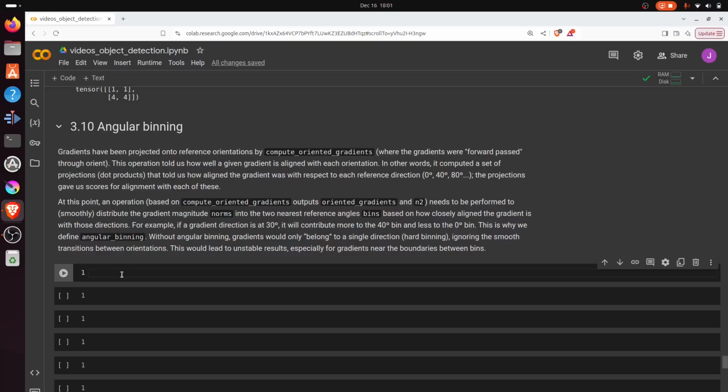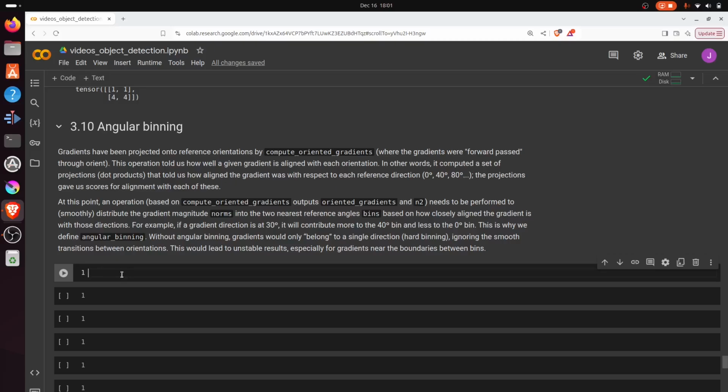But now let's start coding. Let's start with the fun part. So how are we going to start? Well, first of all, we need to recall that we're going to use the results that we obtained previously in the compute oriented gradients method.